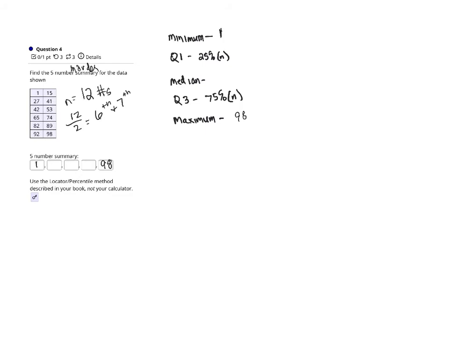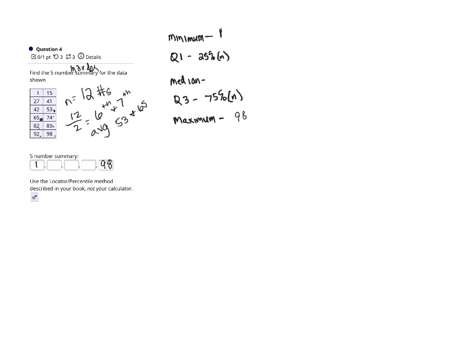If you count to the 6th number, 1, 2, 3, 4, 5, 6 right here, and if you count backwards from the end, 1, 2, 3, 4, 5, 6, it would be right there. So you are going to average 53 and 65.